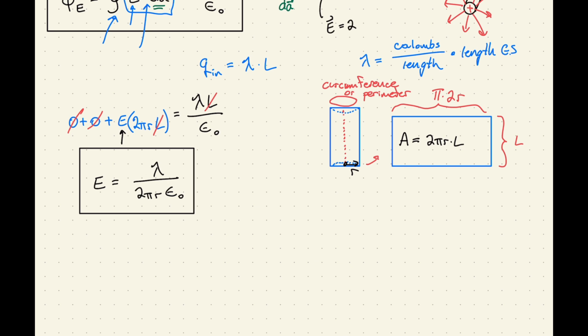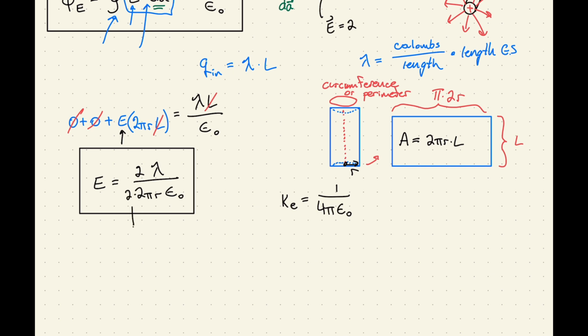One other thing I can say is, if you remember this Coulomb constant, it is actually defined as 1 over 4 pi epsilon naught. So we can get this in the bottom if we multiply the top and the bottom by 2. That does not change the equation.